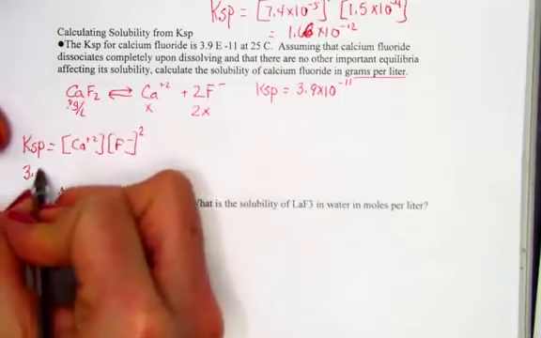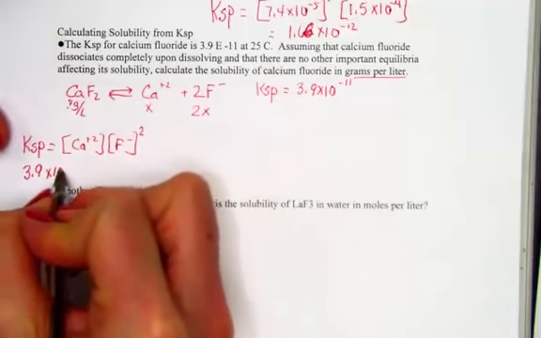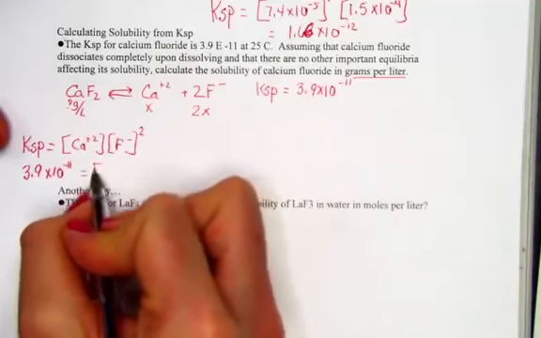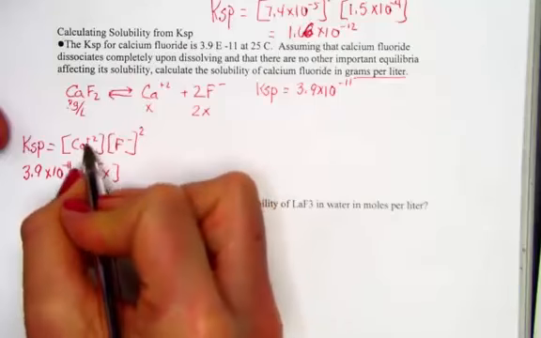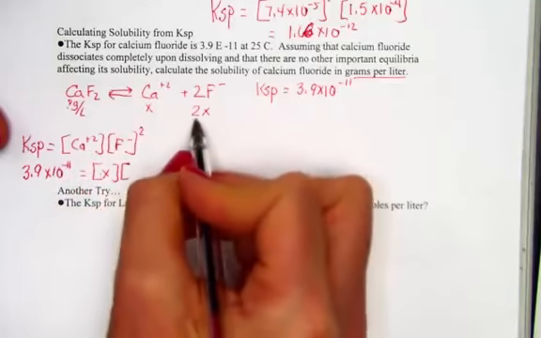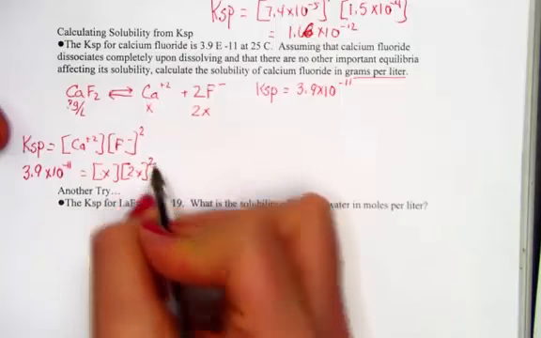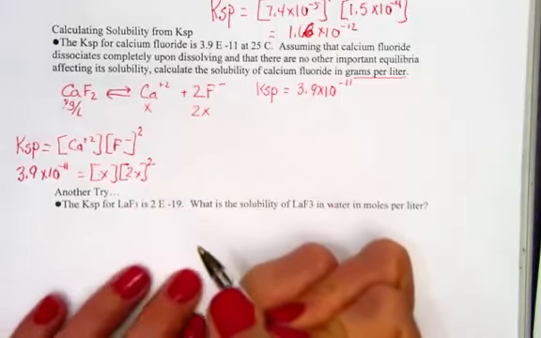So here's what we have. 3.9 times 10 to the negative 11th, the value of KSP provided, is equal to x, what we called calcium, times the value of fluoride, 2x, and I still need to square that value.